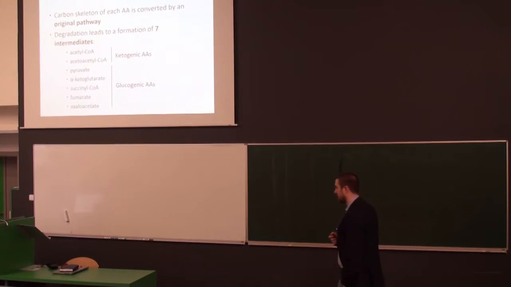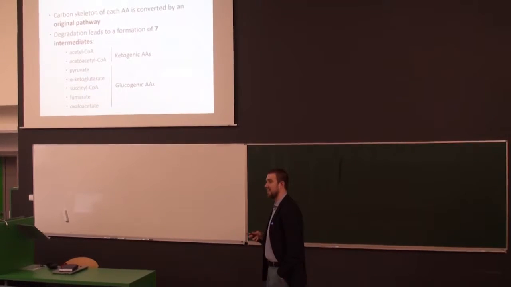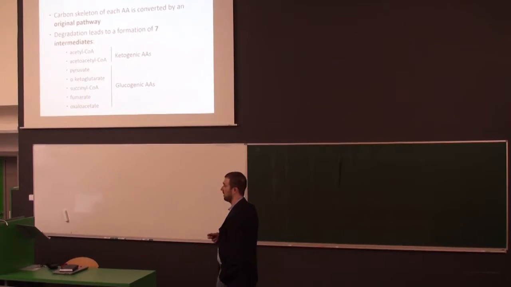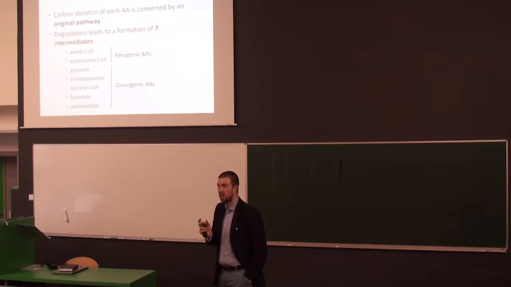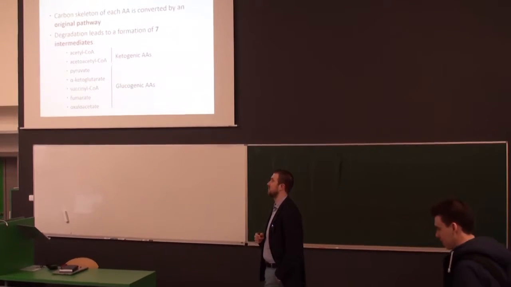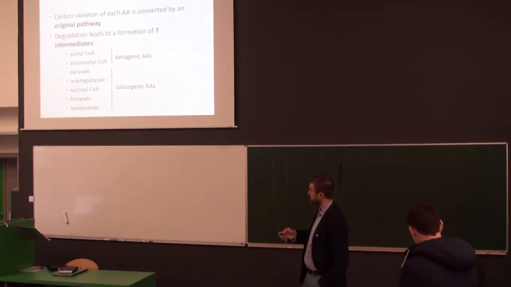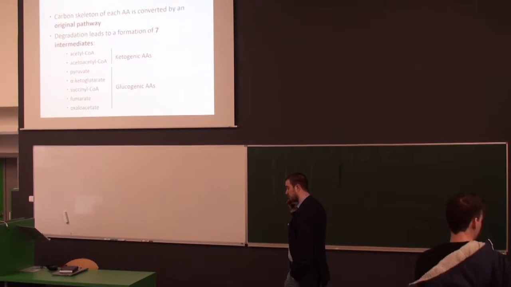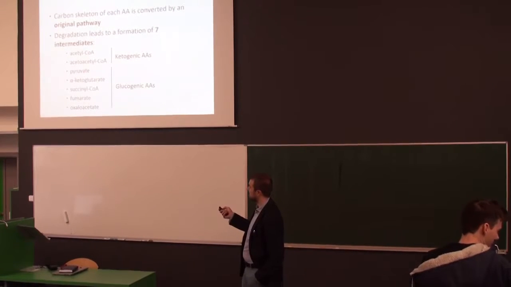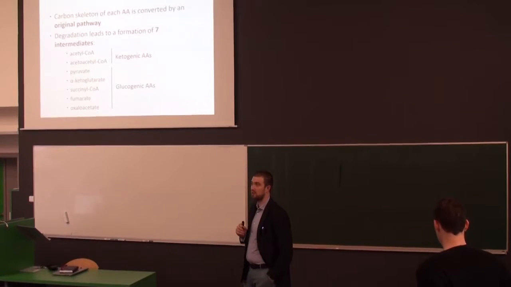First, what's good to say is that each amino acid has its own individual pathway. Some pathways are long, some pathways are short, but for each you can define some individual enzymes. As the result, you will produce these 7 intermediates for all amino acids.